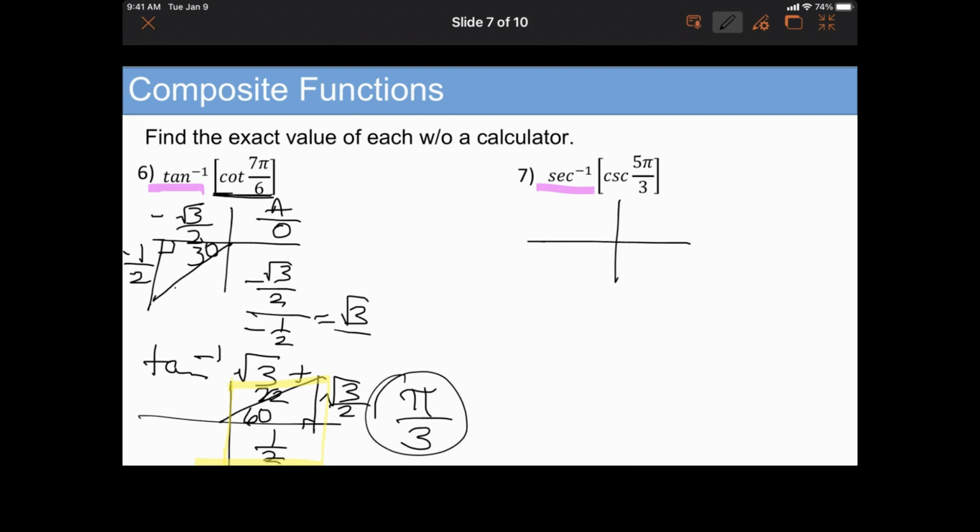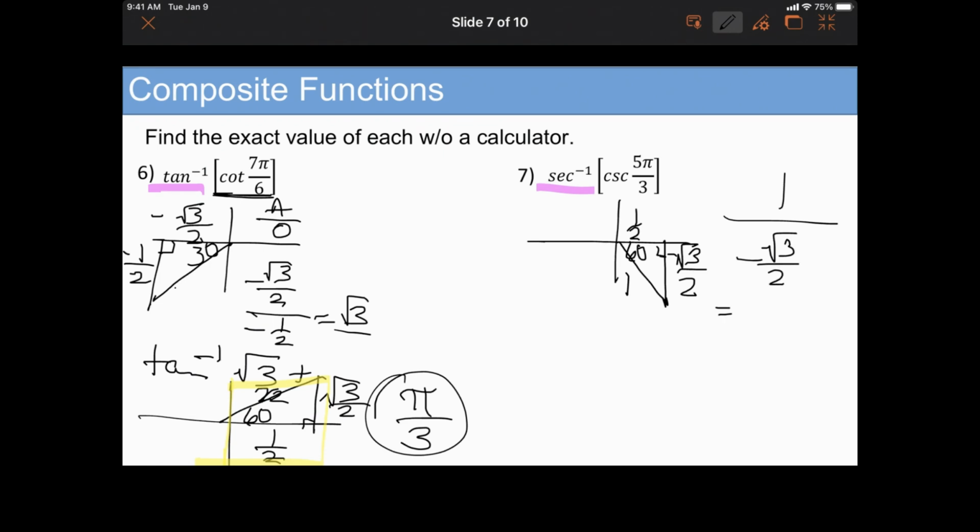So cosecant 5 pi over 3, that's going to be what quadrant? Fourth quadrant. 60 degrees, root 3 over 2, negative, and then half. So this is going to be negative 1 over root 3 over 2.